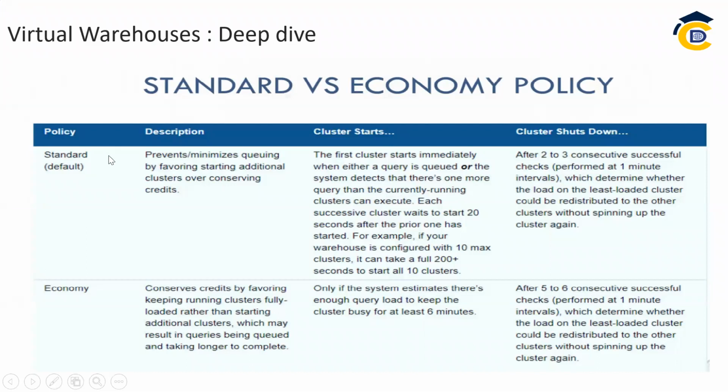Yeah. So, what is the standard policy rules? Look at this. It says prevents or minimizes queuing by favoring starting additional clusters over conserving credits. So it means that if I choose standard policy, it is not going to be my cost effective policy. My rules will be that don't look at the cost, just give me performance.